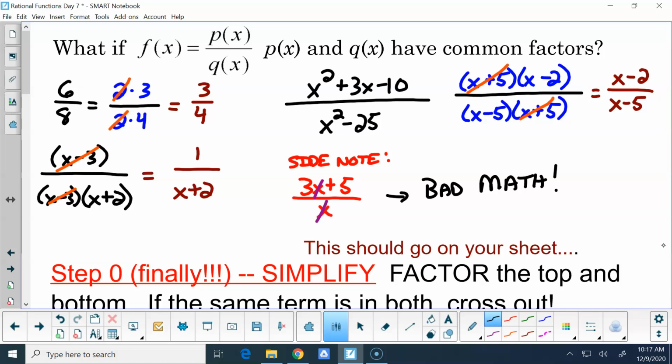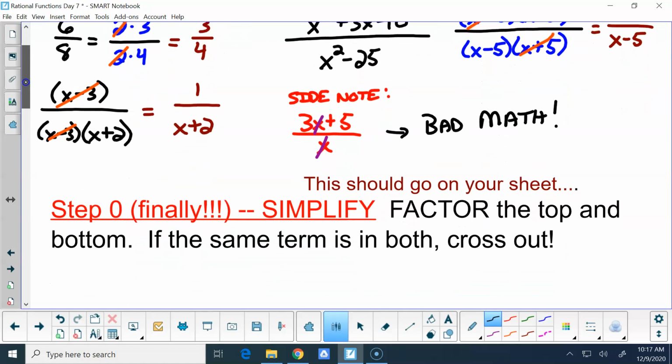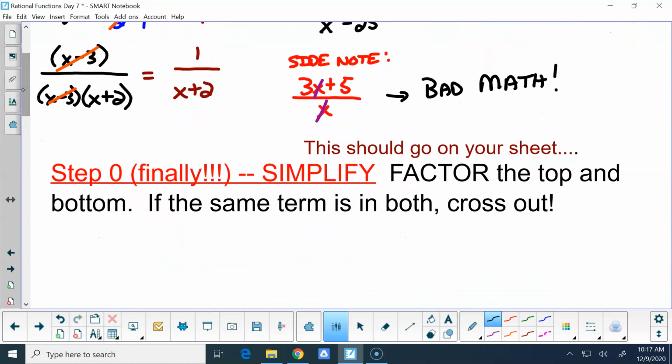Okay? Step 0 now is what we're going to do very first, right off the start: we're going to simplify. Step 0 should go right up at the top. If you got one line up there, that's all you need, because literally, step 0 is simplify.